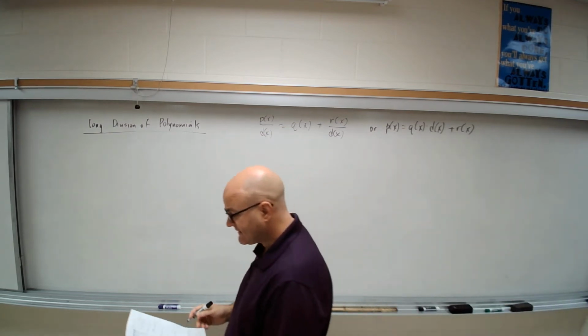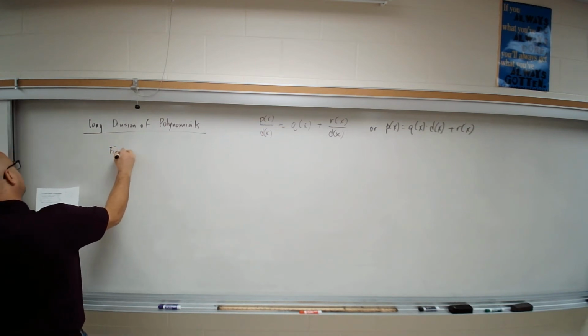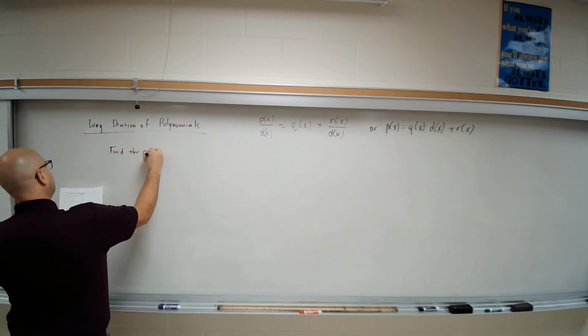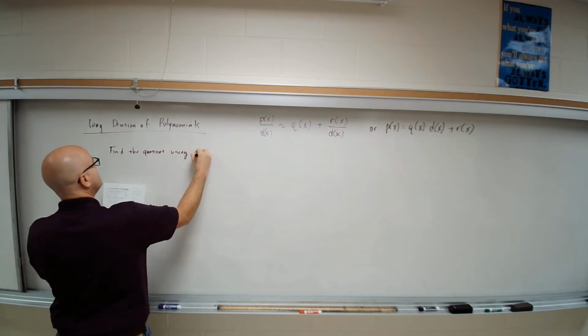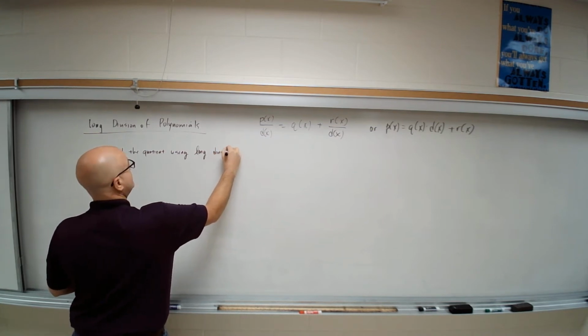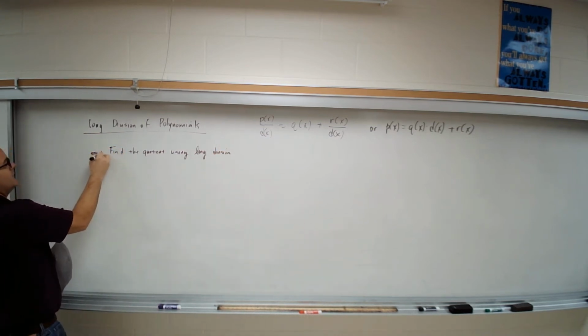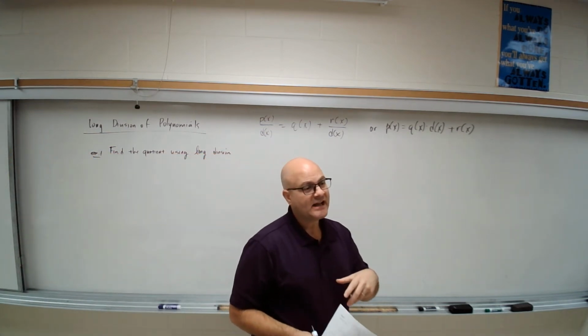So our second example here is we want to find the quotient using long division. Now, last year, you probably did synthetic. You should have done synthetic division, which is an extension of long division.